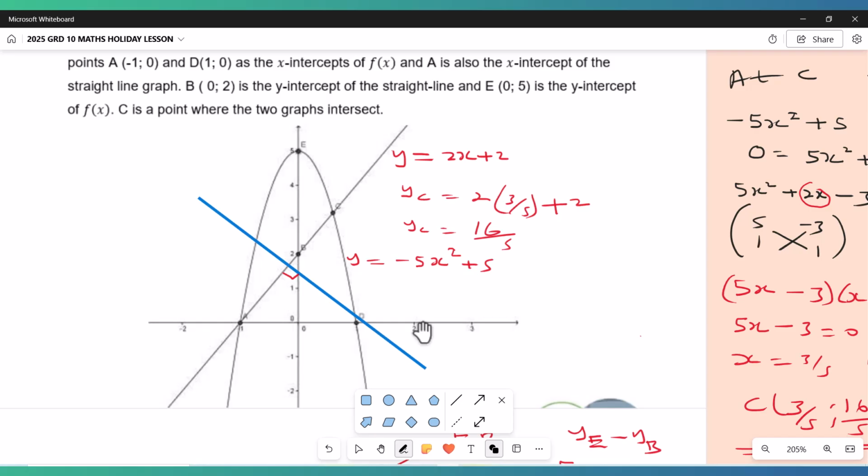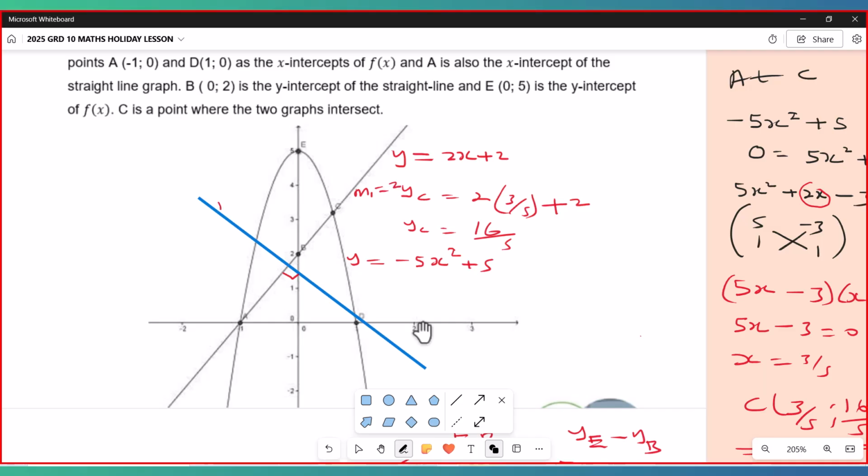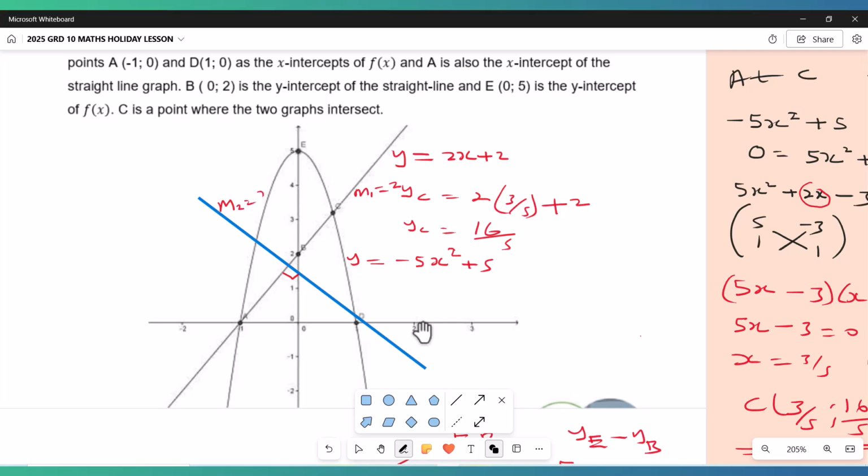So now I'm going to say that this one is our M1, okay? This is M1 for the one which we had here. Now our M1 from the given equation here is equal to 2. So to get my M2 for this line which is in blue, I'm going to use the fact that these lines are perpendicular.